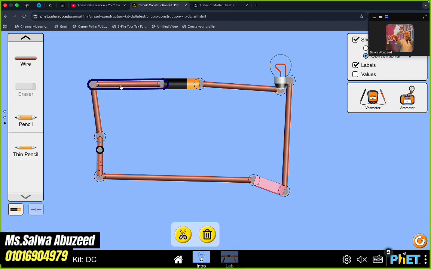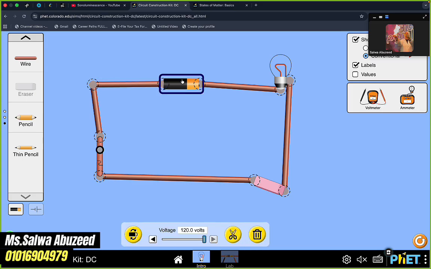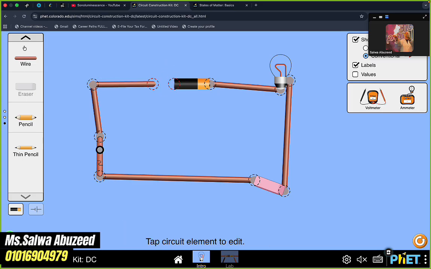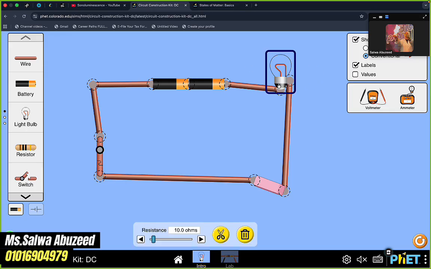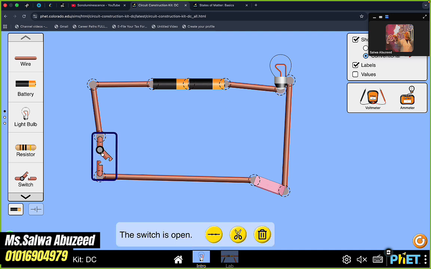So I have a wire, I have a cell if it's only one, and if it's two, we're going to call it a battery. If we say what is a battery or what is a cell, it is a component that gives energy to the electric circuit. And we have our lamp, which is a source of light energy. Also, we have our switch to open and close the circuit.